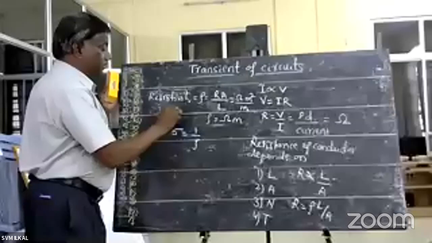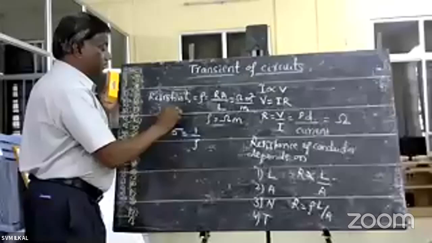Next, the factor is the inductance factor. Here, the three factors are there: R, L, C. Okay, these are the building blocks of electronic or electrical circuits, like Brahma, Maheshwara.